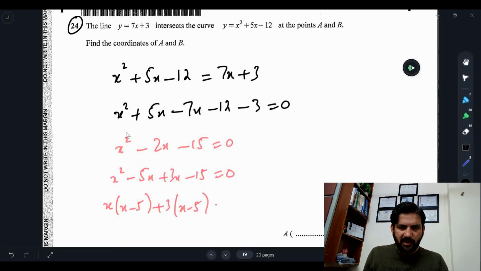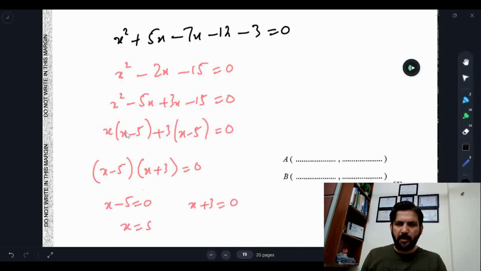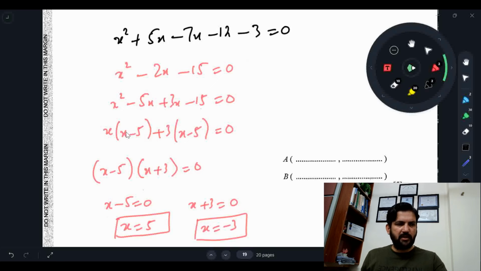So x minus 5 is equal to 0 and x plus 3 is equal to 0. So x will be equal to 5 and x will be equal to minus 3. Is it clear or not? So this should be 5 and minus 3. I think the concept is clear.